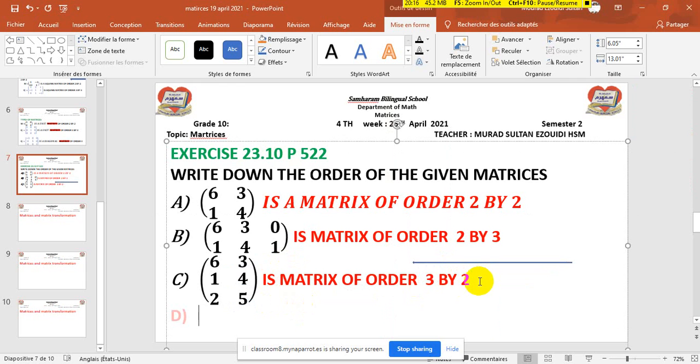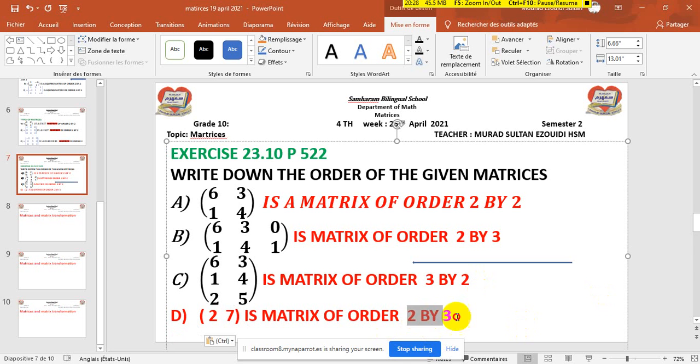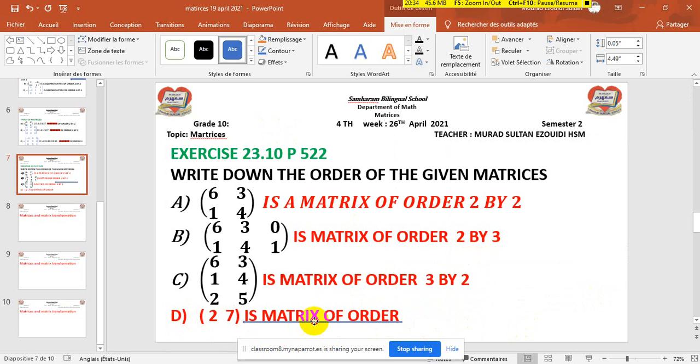Now we move to sub question D. We have 2 and what else? And 7. So what's this, my daughters? It is a matrix of order what? How many rows here? How many rows?